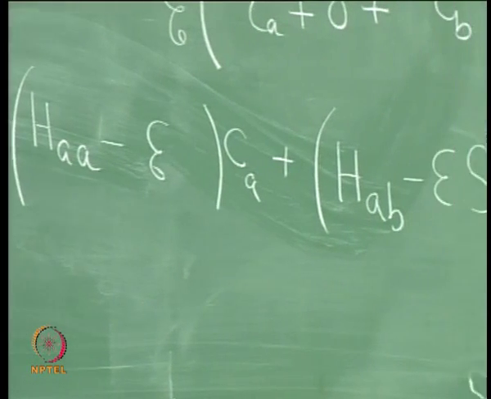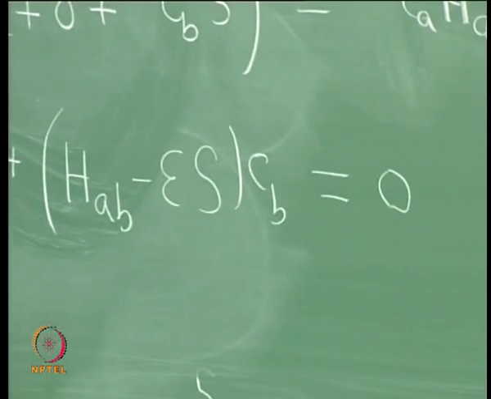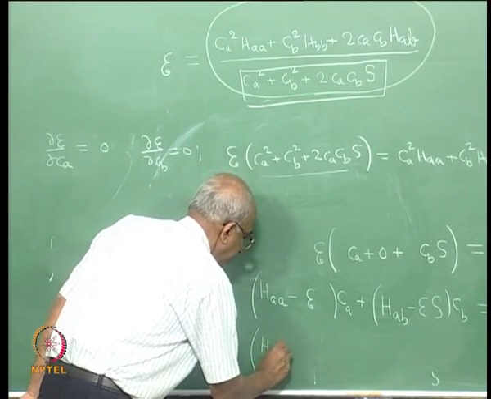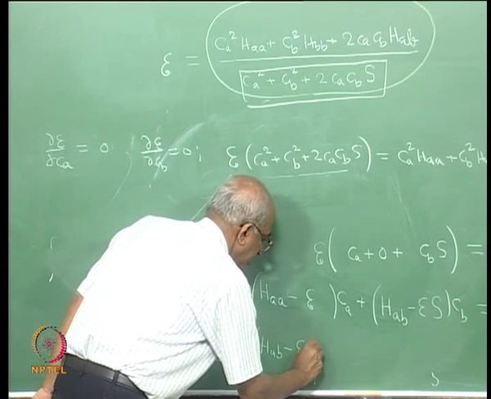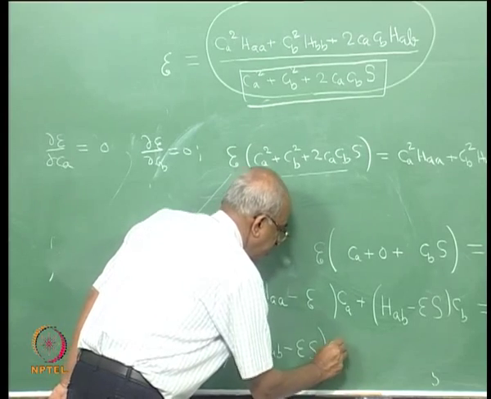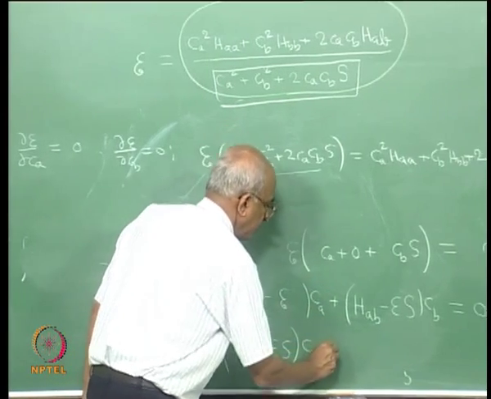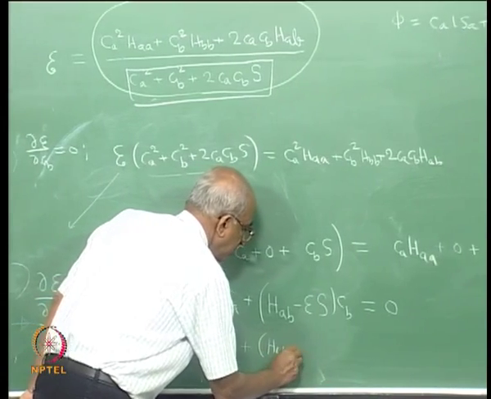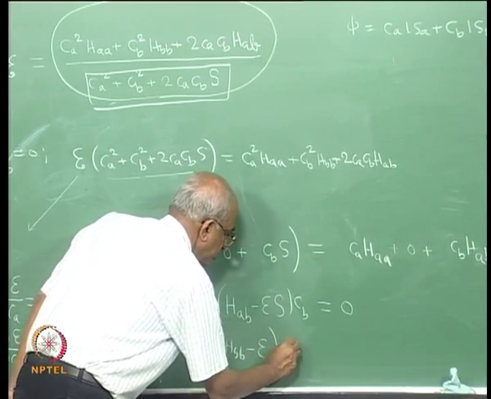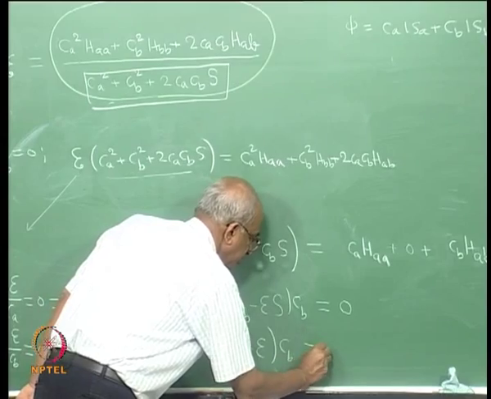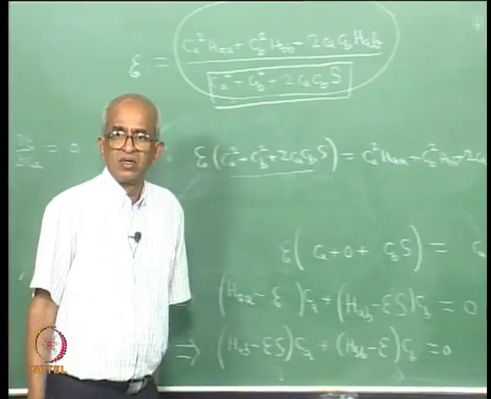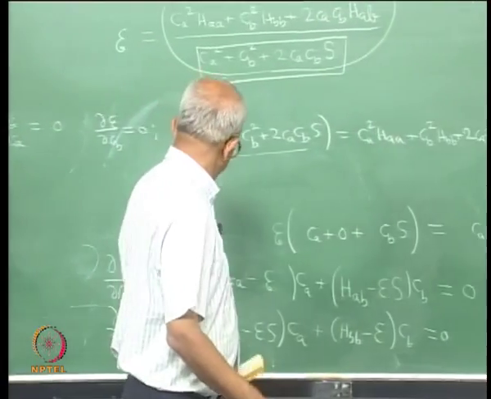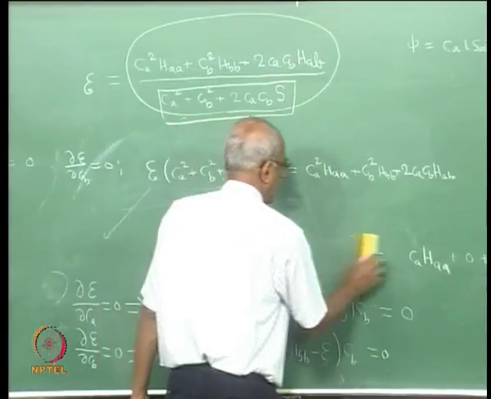You do not have to actually work it out, you can write by analogy, and the answer is going to be HAB minus script E into S into CA plus HBB minus script E into CB is equal to 0, correct. If you did exactly the same procedure, you are going to get this equation.